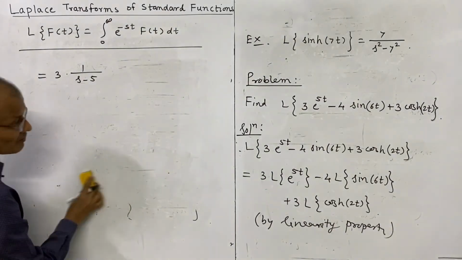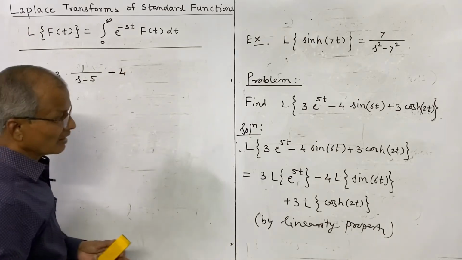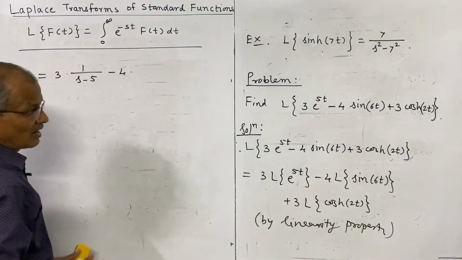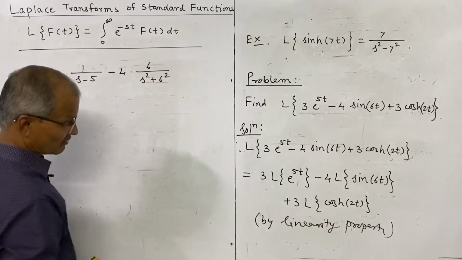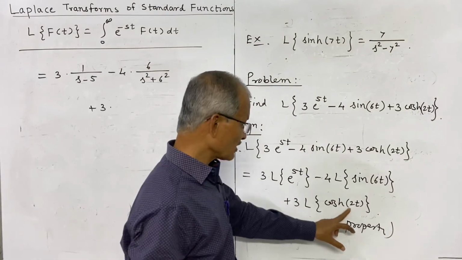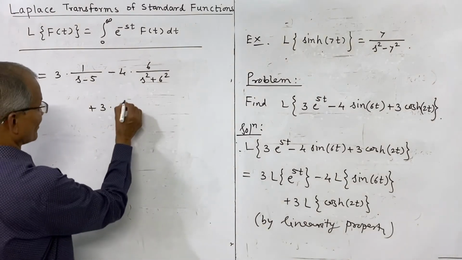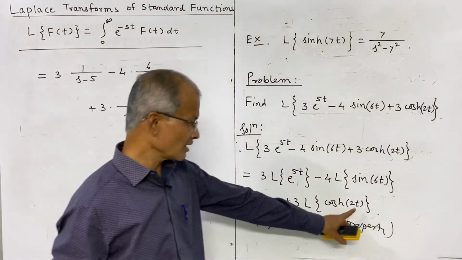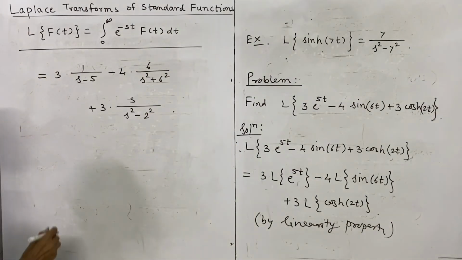Now next is minus 4 L of sine 6t, and here we have the formula L of sine at is a divided by s square plus a square, and a is 6, so s square plus 6 square, and plus 3 into L of hyperbolic cos 2t. For the formula of hyperbolic cos at we have s divided by s square minus a square, and a is here 2, so that is 2 square. So this is the Laplace transform using standard formulae.